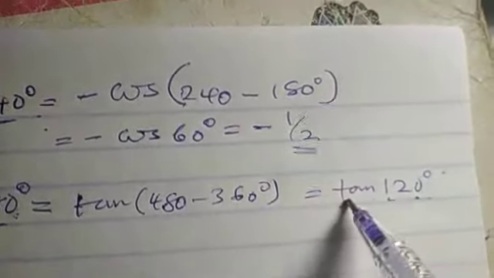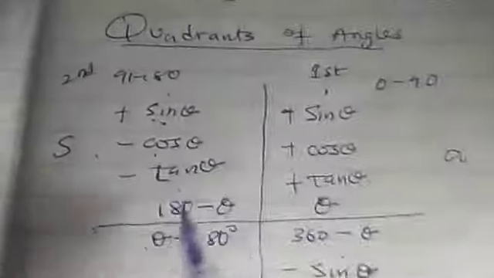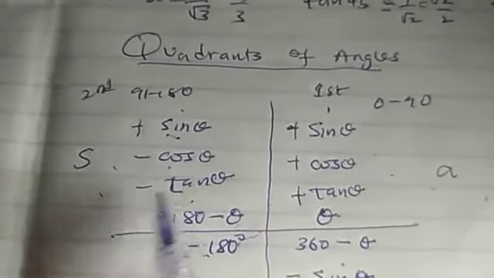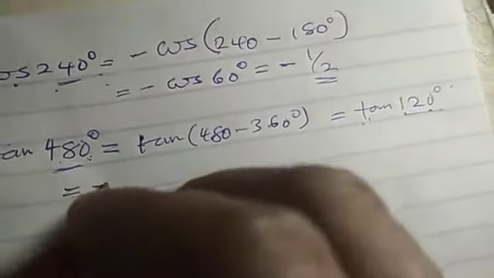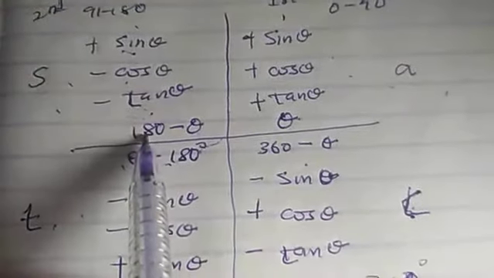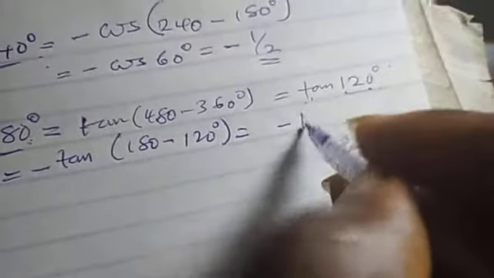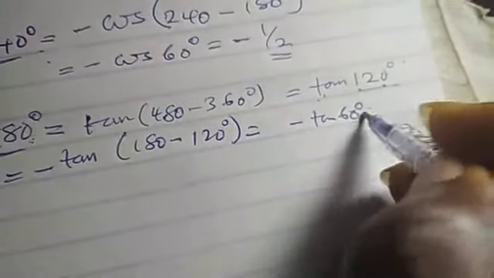So I will now check where 120 falls and what the nature of tan is there. If I check, 120 falls in the second quadrant, and the nature of tan there is negative, so my answer is minus tan. You use 180 minus theta, that is minus tan of 180 minus 120, which is minus tan 60.